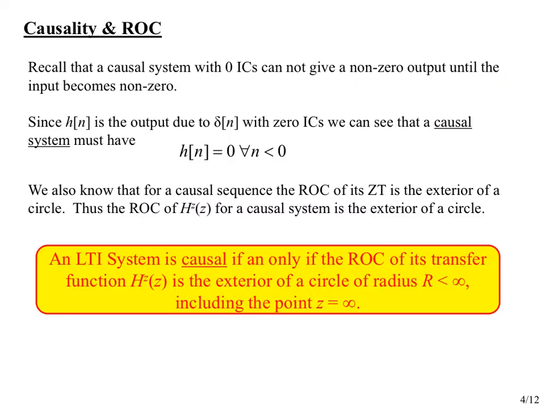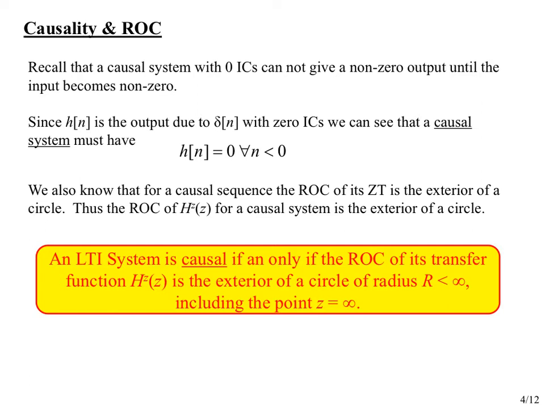So just to revisit causality and the region of convergence, we have talked about the fact that for a causal system with the initial conditions set to 0, we can't get any non-zero output until the input becomes non-zero. That's kind of our rough definition of what a causal system is.